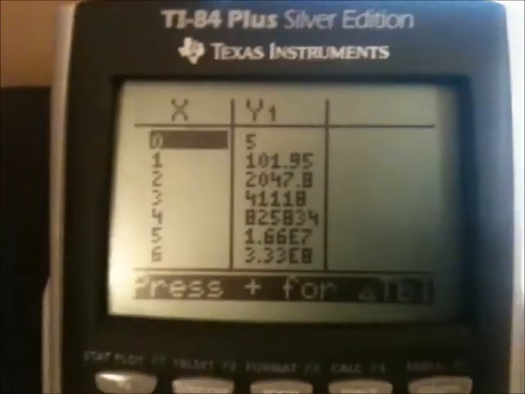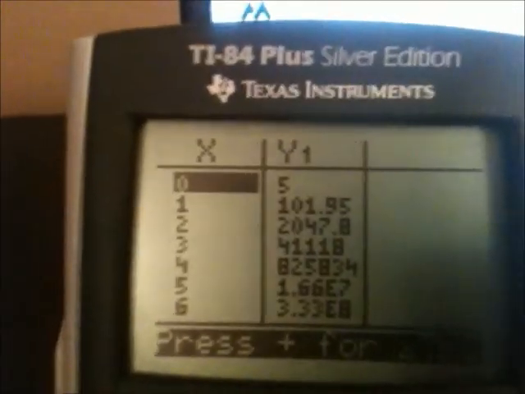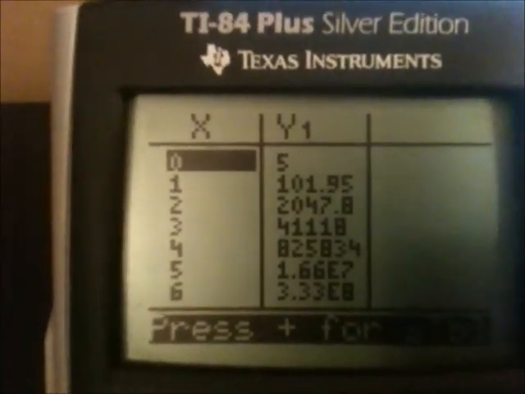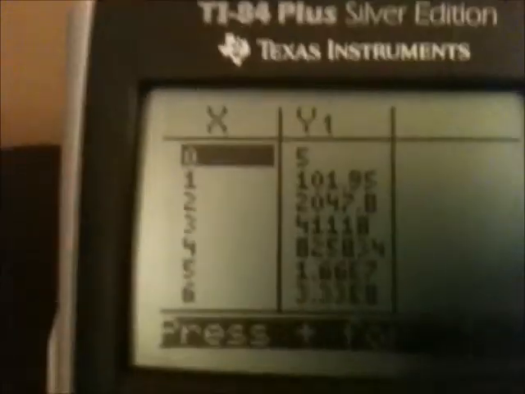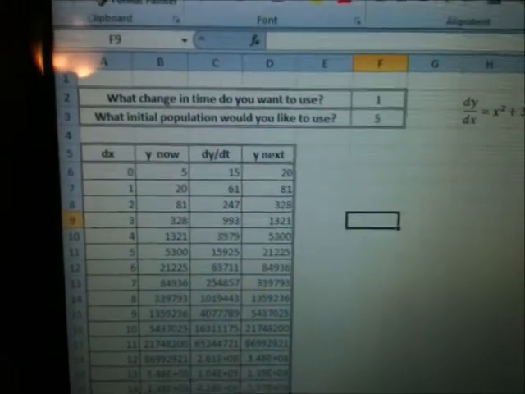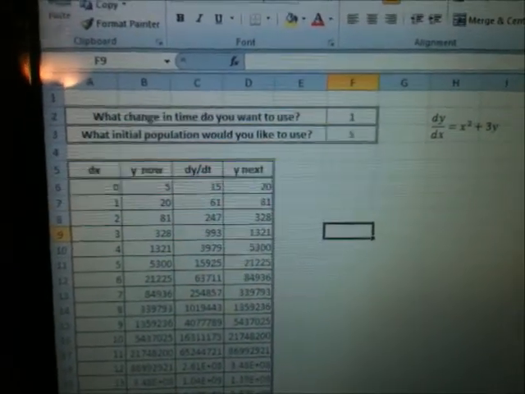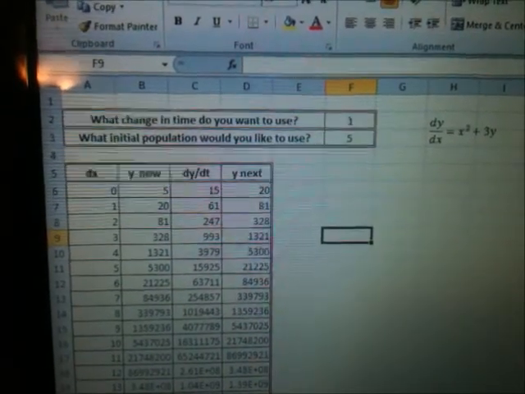Okay, we took our differential equation, solved it, and punched it into the graphing calculator and came up with this table that shows us when x equals 1, y is equal to 101.95. We've also been told that Runge Kutta is the new and improved Euler's method.